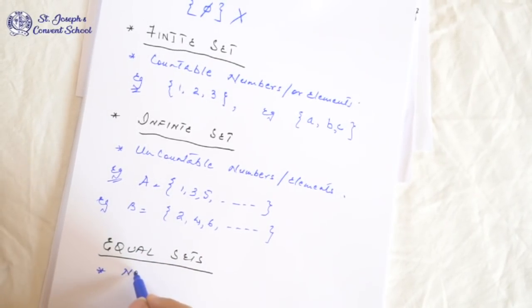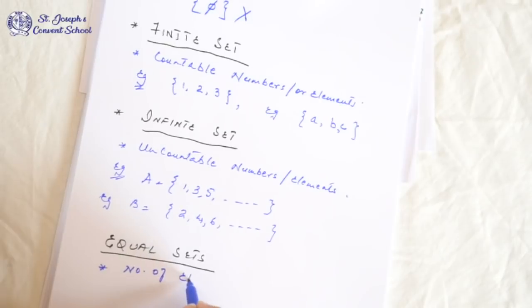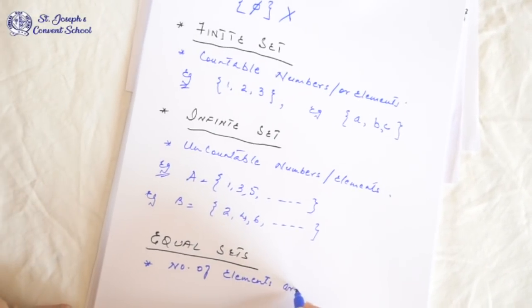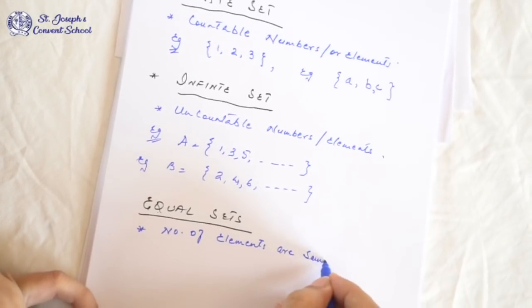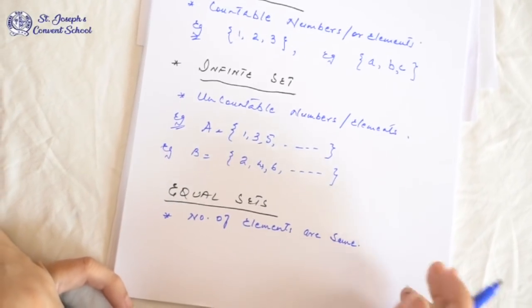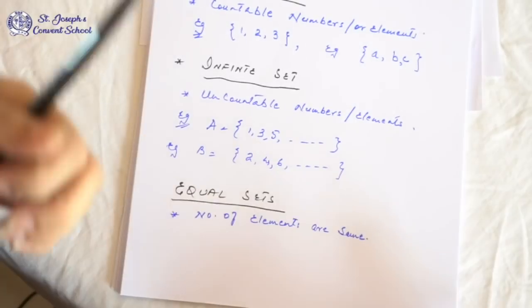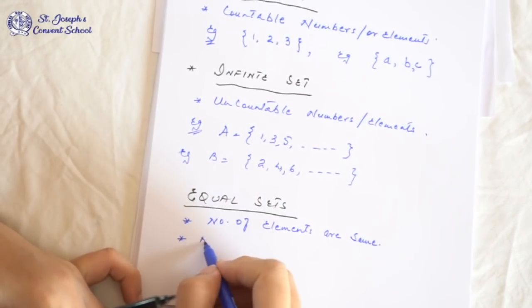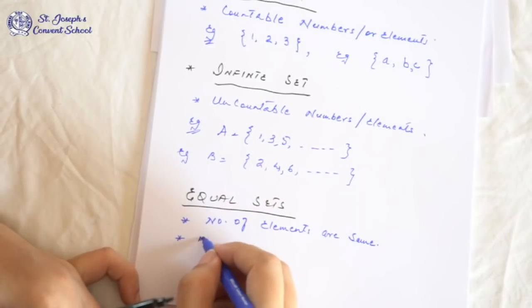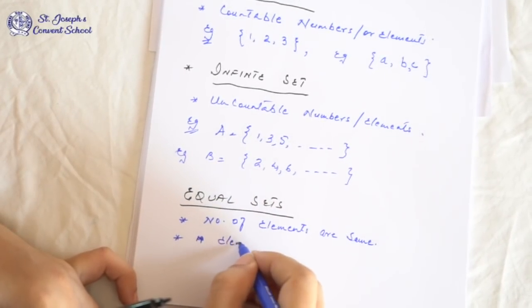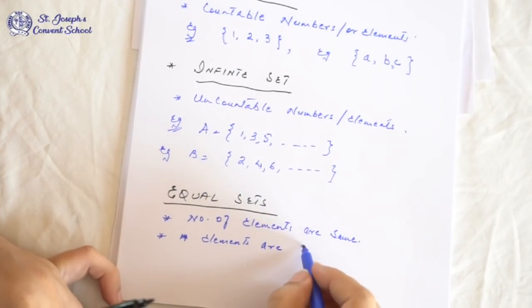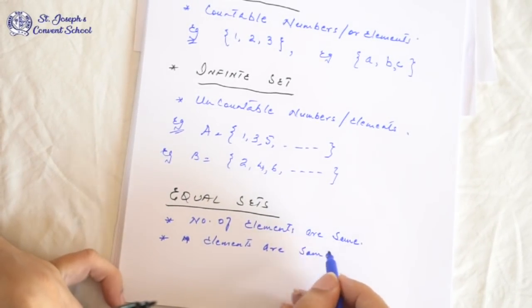If the number of elements of the two sets are the same, suppose in one set there are 3 elements, then in the second there should be 3. Okay, so when you compare two sets, you have to check the number of elements is the same. Second point is the elements are also the same. If these 2 points are there, it means that the sets are equal.